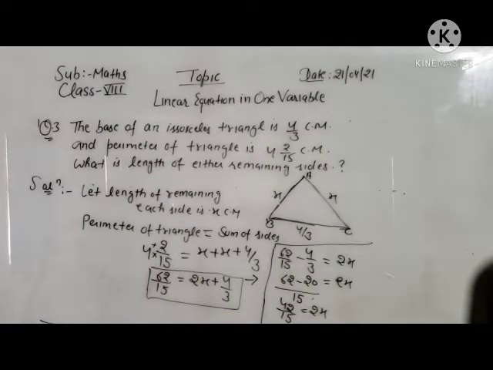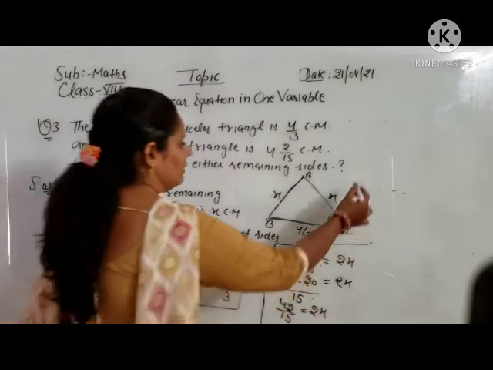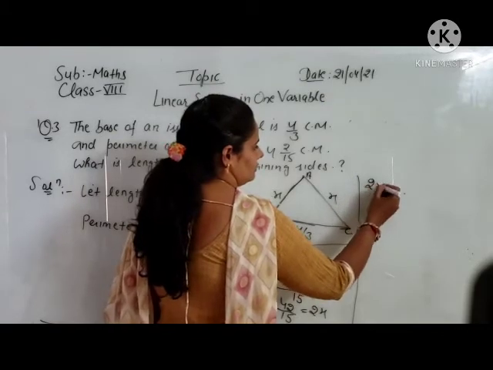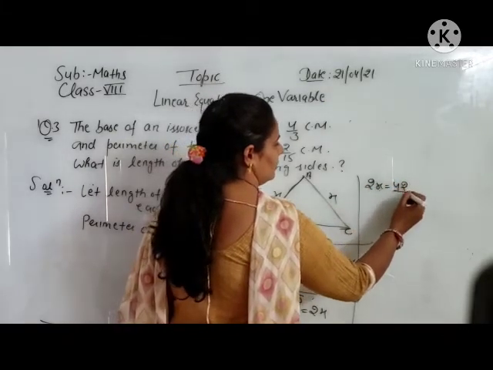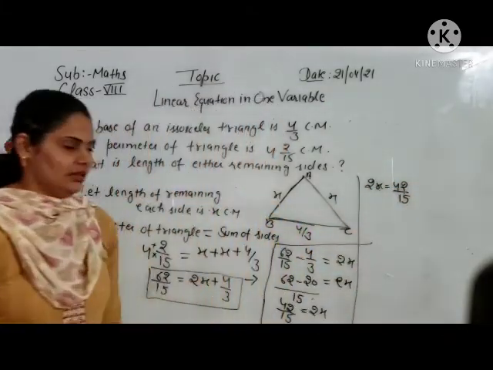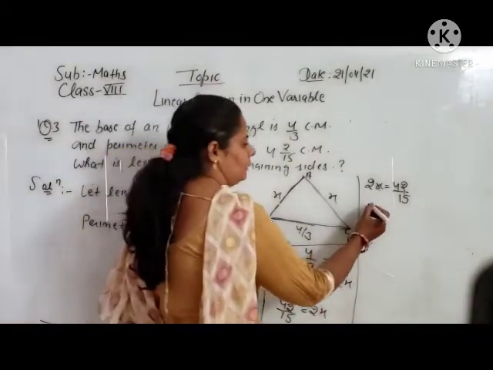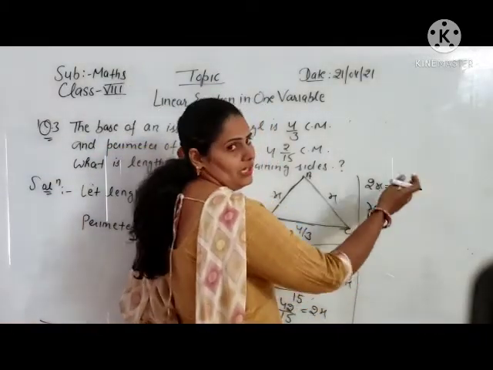Now 42 by 15 is equal to 2x. How will you solve? Now you have to find the value of x. So the 2 you have to take to the right hand side.